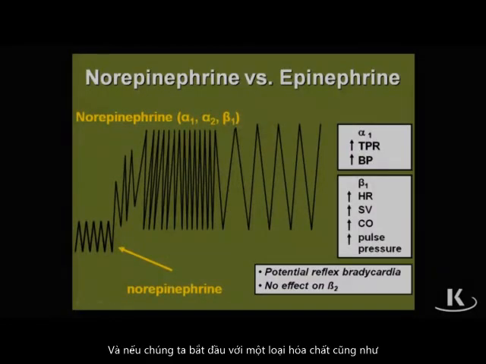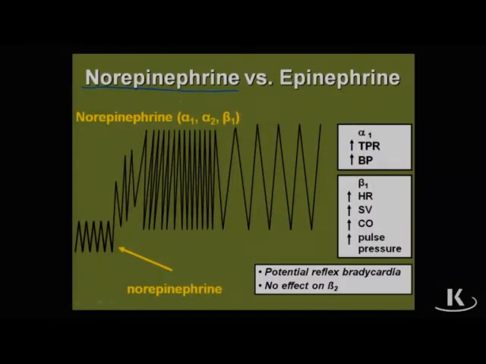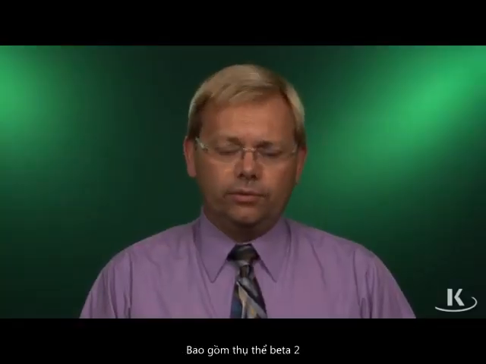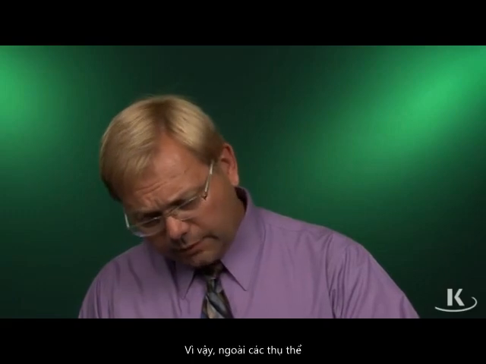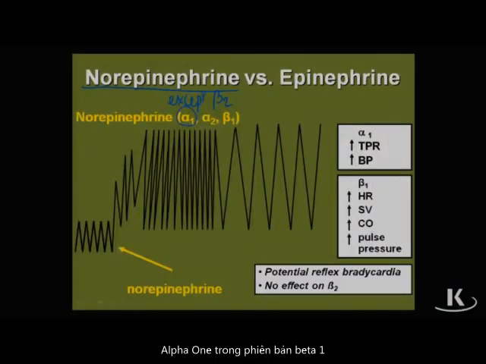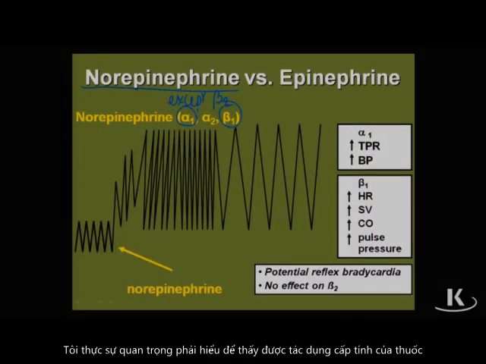If we start with norepinephrine, recall that norepinephrine works on everything except beta 2 receptors, whereas epinephrine will work on all receptors, including the beta 2 receptor. So out of the receptors here, alpha 1 and beta 1 are really critical to understand to see the acute effect of the drug. Let's not forget that alpha 2 is relevant for the negative feedback, but irrelevant for the actual tracings of blood pressure and heart rate.